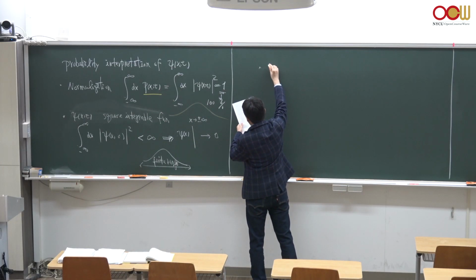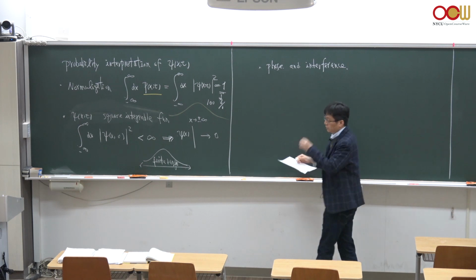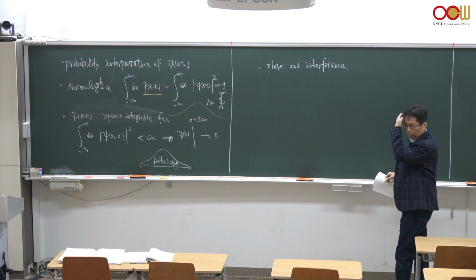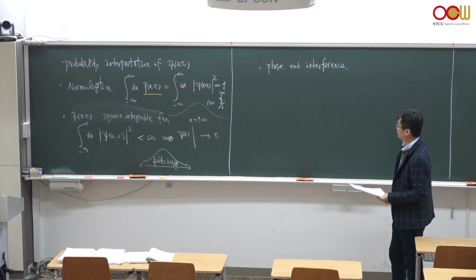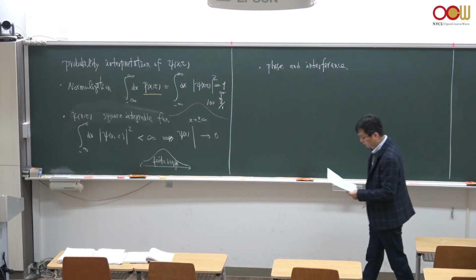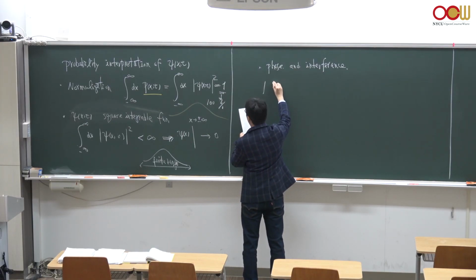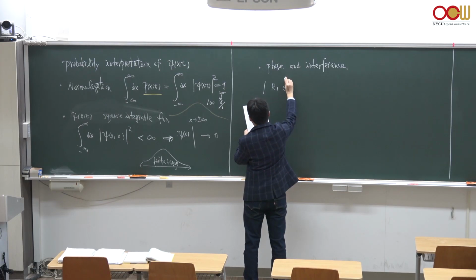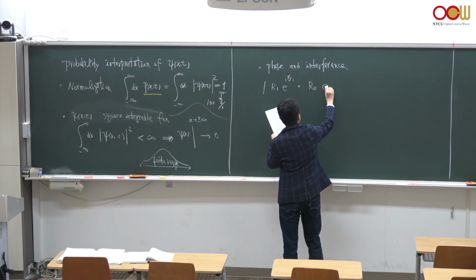And the third property is the phase and interference. As I mentioned, just like a light wave or water wave, in quantum mechanics a quantum particle and its wave functions could interfere with one another. The reason they can interfere is because this wave function is a complex value which carries a magnitude and a phase.